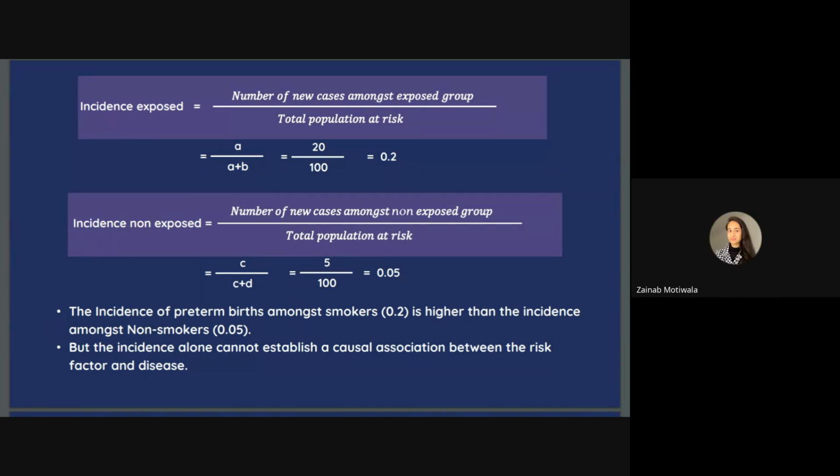Perfect. Okay. So I was saying that, as we can see with this example, the incidence has been higher in the exposed group as compared to the controls, that is the other not exposed group. But still, with just the incidence, we're not able to establish a causal association.